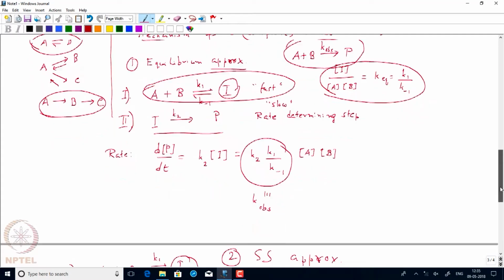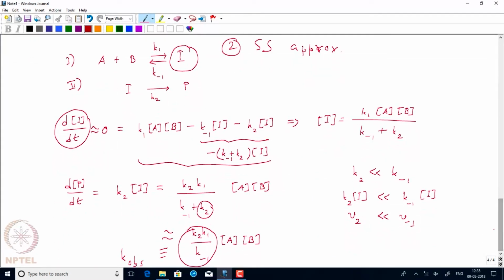In the other approximation, we said that there is no such equilibrium, but due to the fine balance between the different rate constants, the intermediate concentration doesn't change, or has reached a steady state. And we see the connection is that if I make the reverse reaction, which has the rate constant K minus 1, very fast, that also gives me the same steady state approximation.